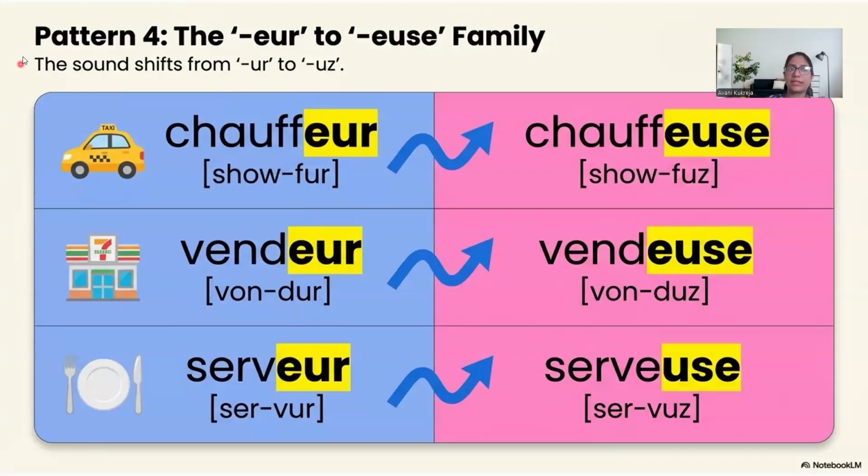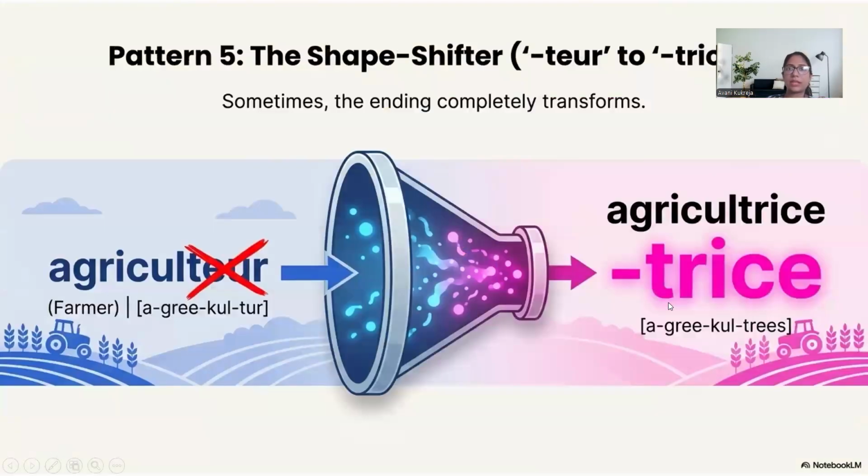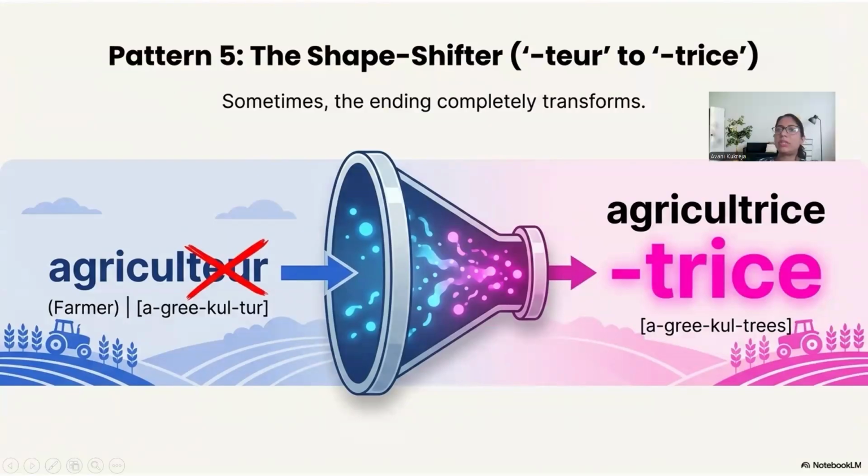And now the next category, the last one. If the profession ends with teur in masculine, it changes to trice. For example, farmer is agriculteur. Everyone. Agriculteur, agricultrice, which is a farmer.